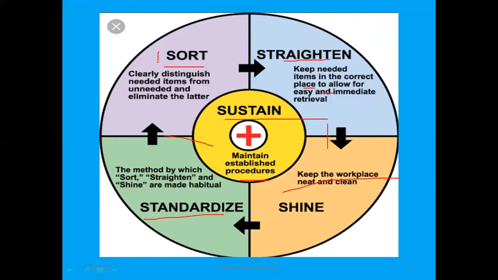We should take only the necessary items and eliminate the remaining. The second one is straighten. Keep needed items in the correct place, so that we can take the item or place the item very easily.